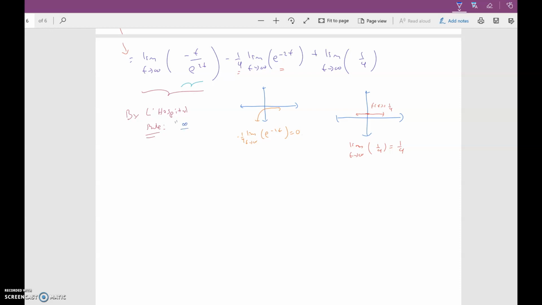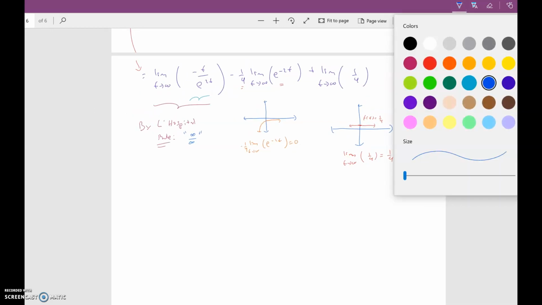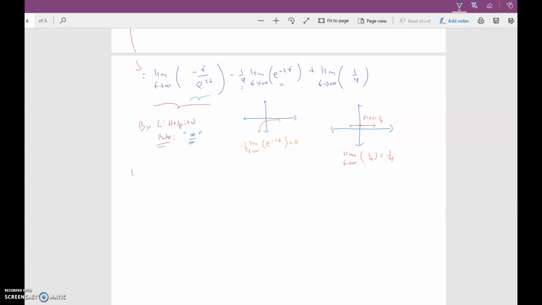So you're looking at an infinity over an infinity idea. And in this case, the limit as t approaches infinity of negative t over e to the negative 2t is equivalent to the limit as t approaches infinity of negative t prime over e to the negative 2t, prime as well.